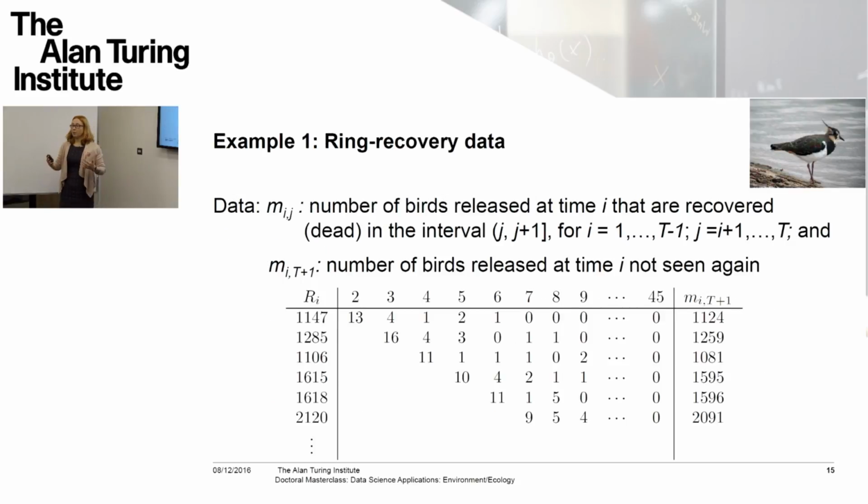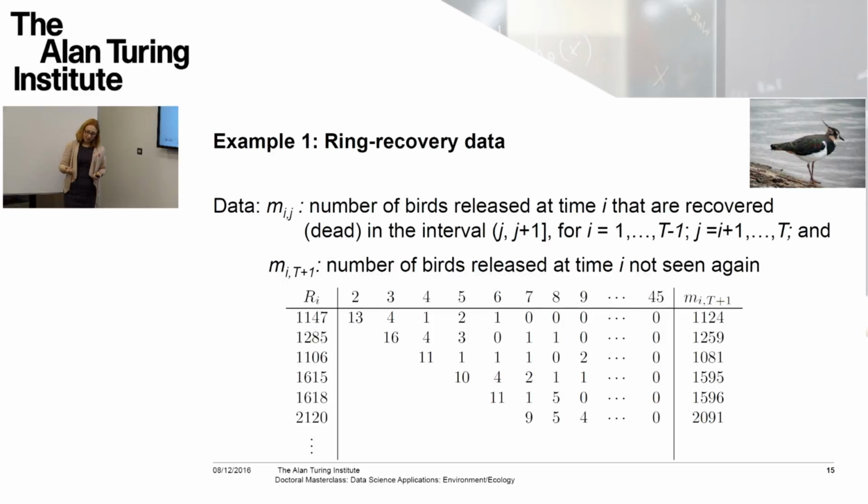The easiest way to think about how we construct these models is to look at some examples. This is ring recovery data, and in this case it's lapwings. They go to the nests, ring all chicks that are in the nest, and go away again.